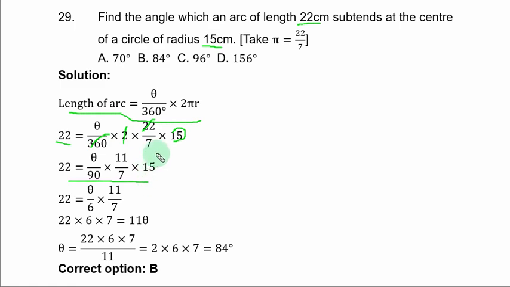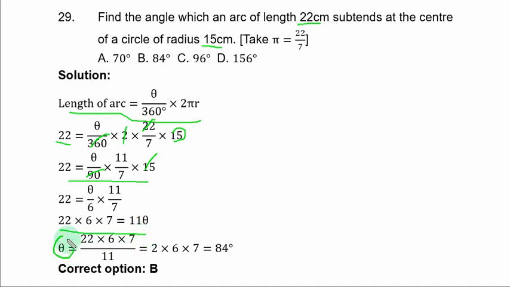Again, you can reduce 15 with 90, and you have 6 there. That is theta over 6 times 11 over 7, and you have 22 equal to that expression. So clear the fractions by multiplying through by 6 times 7, and you have this result. To get theta, divide both sides by 11.